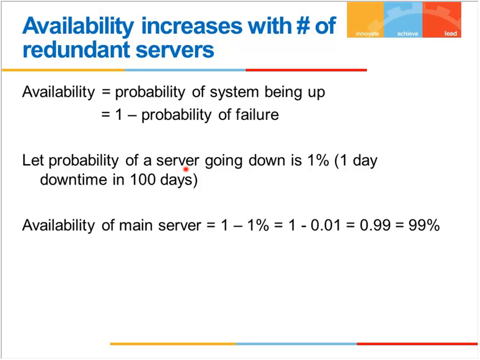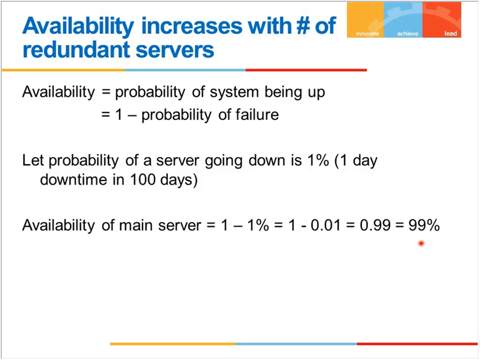Let the probability of the server going down be 1%. It is 1 day out of 100 days that it is down. That is 0.01. So availability is 1 minus 0.01, which is 0.99, which is 99%. So this is how we calculate for one server.